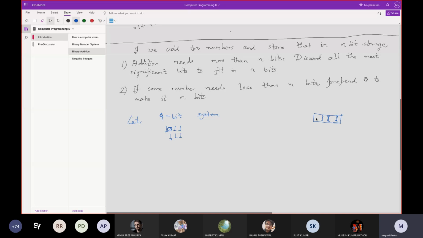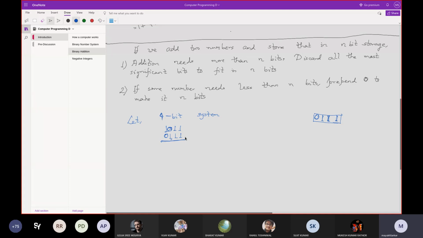So what will be the voltage level there? Obviously the voltage level should be 0, right? So if you have 111, in a 4-bit system, prepend 0 to make it n bits, that means 4 bits in this case. This was obvious because prepending 0 does not change the value of the number.